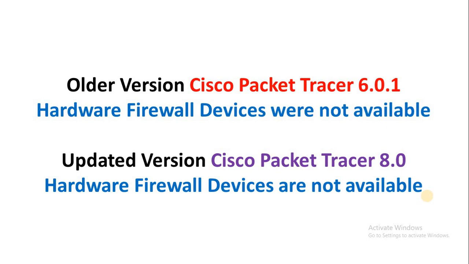In earlier version that we have used, 6.0.1, hardware firewall was not available. That is why I have installed the updated version of Cisco Packet Tracer, that is 8.0. You also need to download this version and install the same on your computer to practice the firewall configuration.